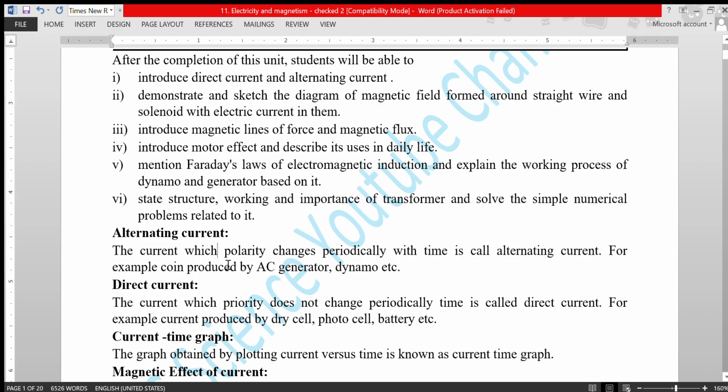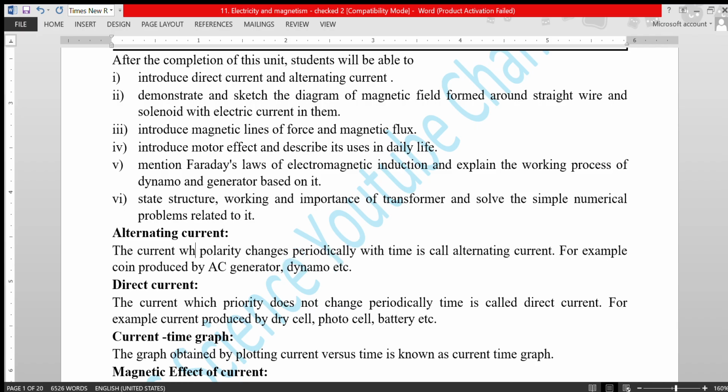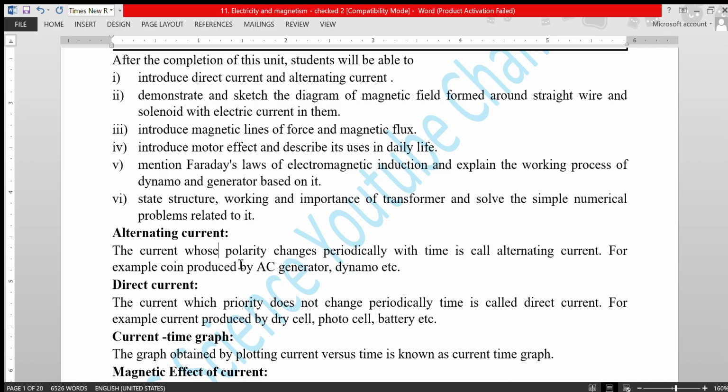Alternating current: the current whose polarity changes periodically with time is called alternating current.